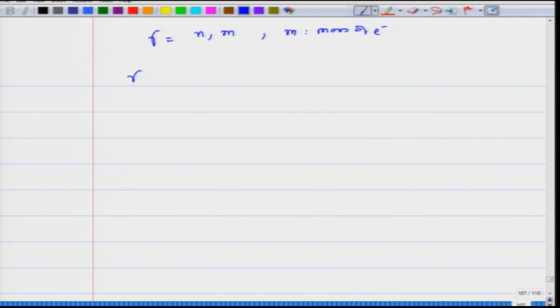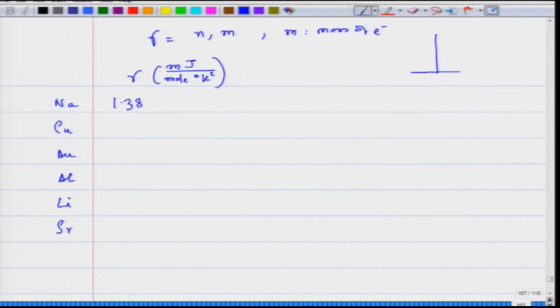Whatever is the bare mass of the free electrons, you can use that to calculate the Sommerfeld's constant. And so, for different materials you can find out the value of the Sommerfeld's constant in millijoules per mole per degree Kelvin square. In these units, you can determine it and calculate it for different materials.